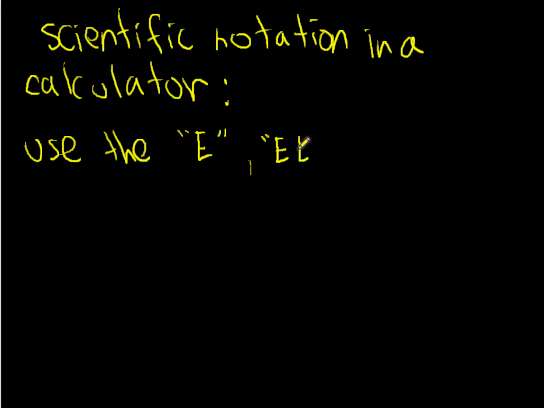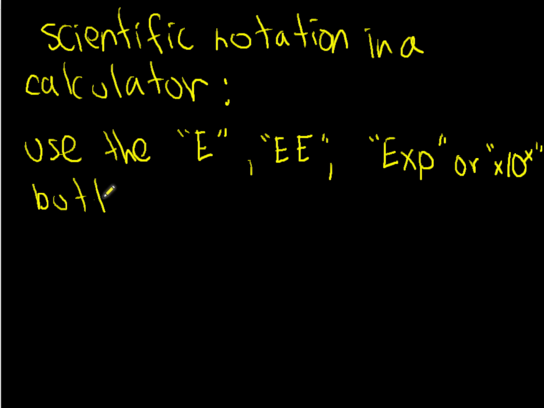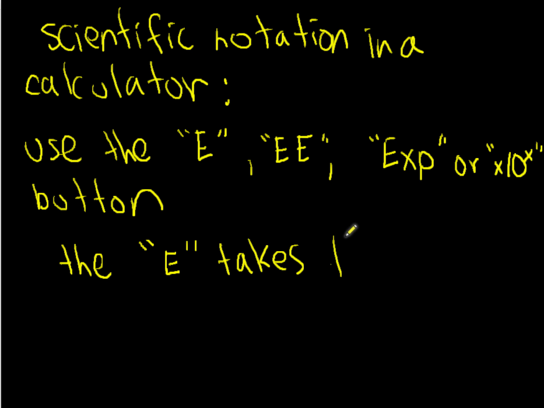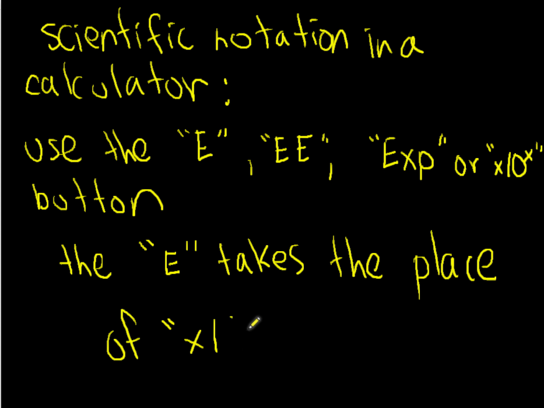Use the E button, which looks like E, EE, EXP, or sometimes 10 to the X, or times 10 to the X. For example, the E button takes the place of the times 10 in the scientific notation.